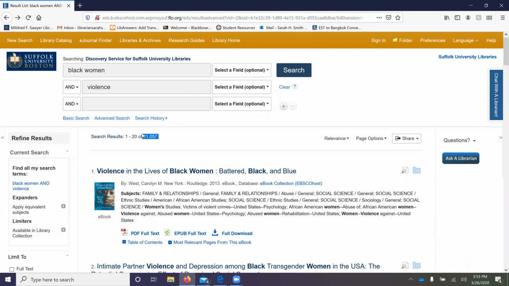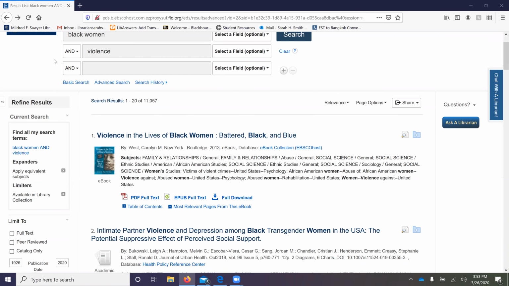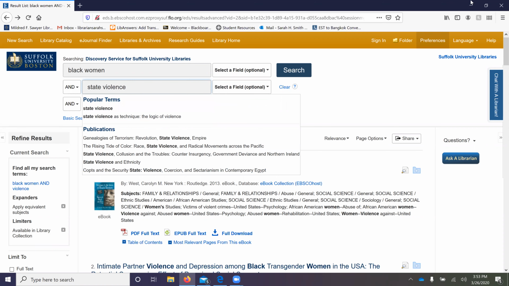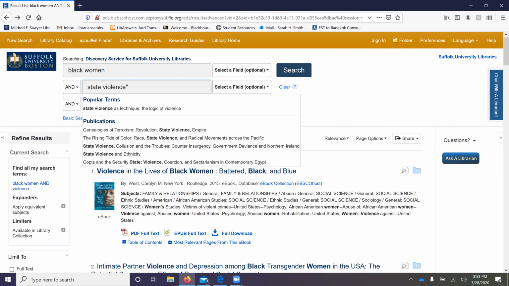Since we have 11,000 results for our search, we are going to narrow it down a bit. So instead of just any type of violence, I'm going to use state violence. And I'm going to put those words in quotation marks. What that does is it tells the database, I want these two words to be right next to each other.